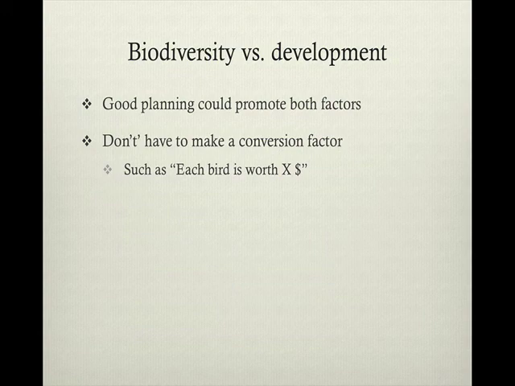The real advantage was you didn't have to make a conversion factor, because they relied on simulation models that showed what could happen. They didn't have to rely on just an economic conversion factor where each bird is worth so many dollars. That really gets into a downward spiral that devalues all of the potential benefits of biodiversity by just placing it in terms of money.